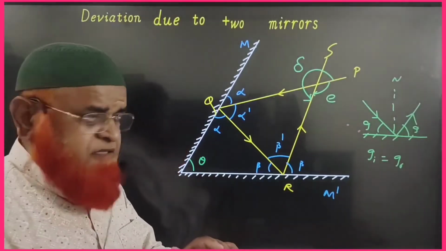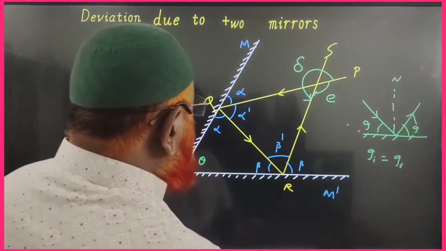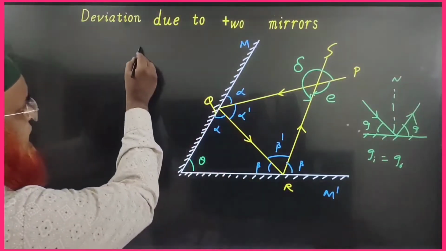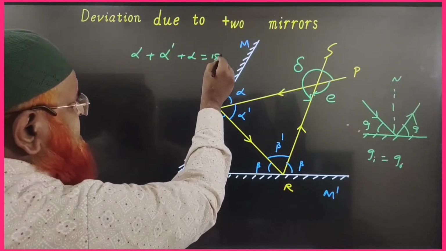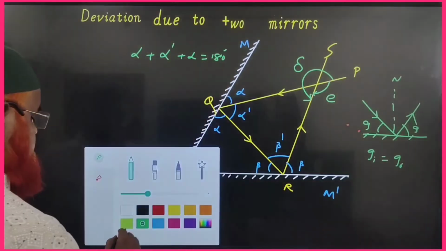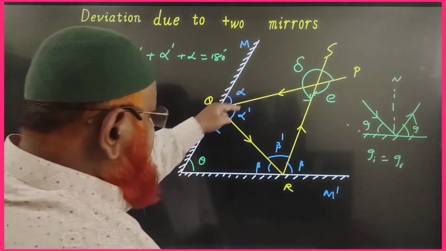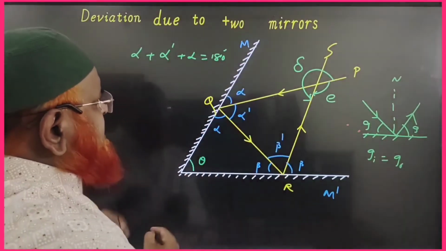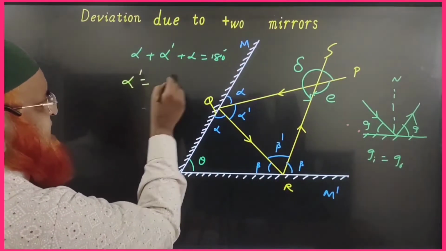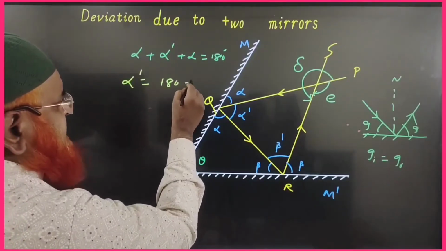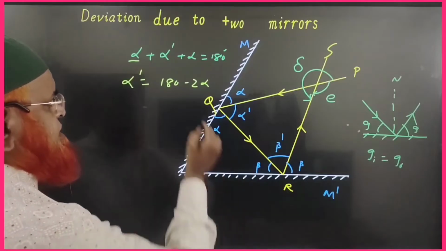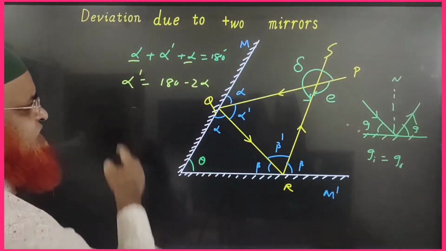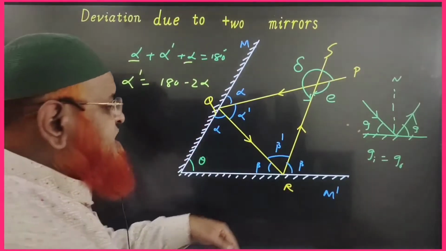Let us see what is going to happen now. Here you can take alpha plus alpha dash plus alpha is equal to 180 degrees. These three angles add to 180 degrees because this is a straight line. So can I write alpha dash is equal to 180 minus 2 alpha? Because alpha plus alpha is nothing but 2 alpha here. So alpha dash we got as 180 minus 2 alpha.